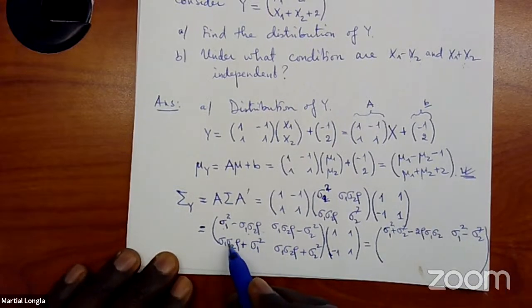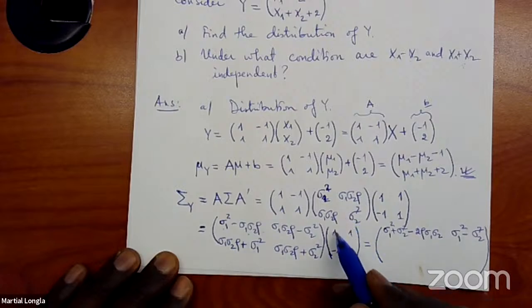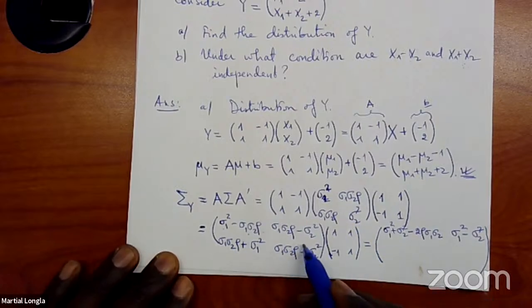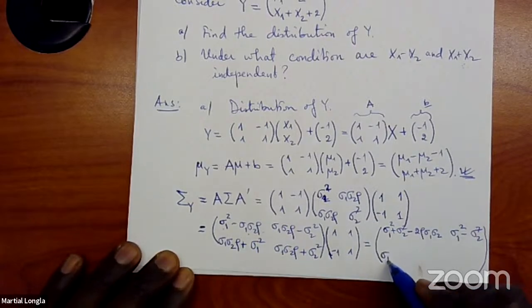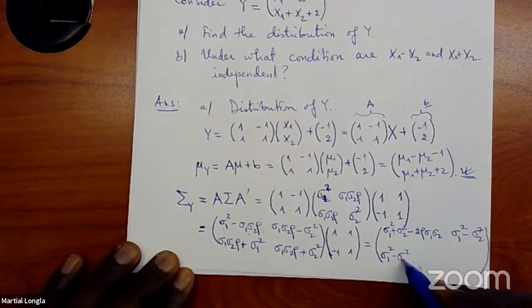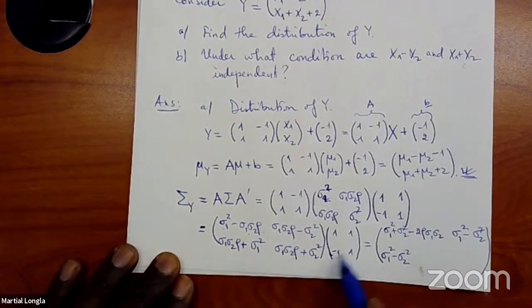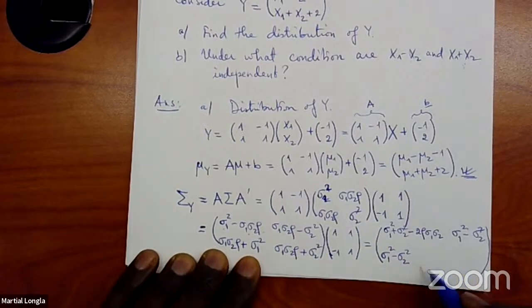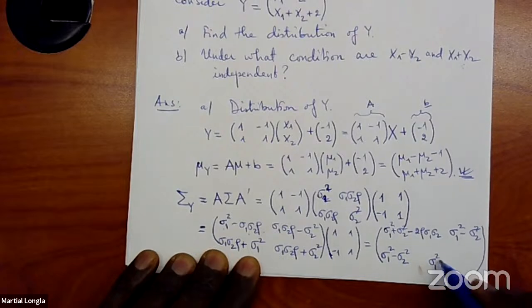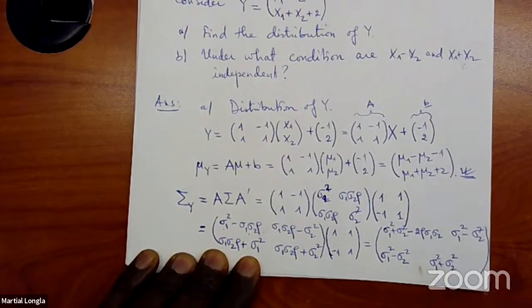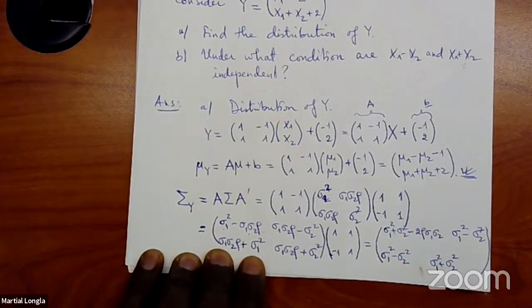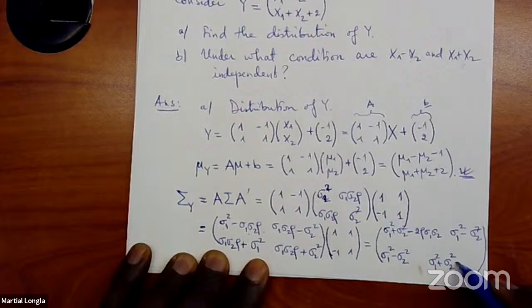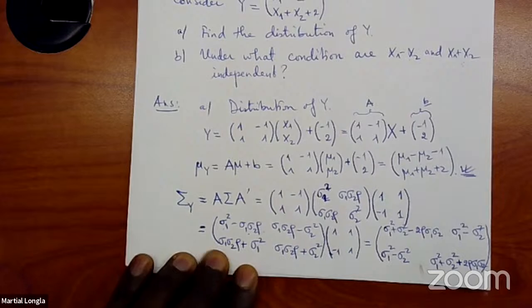Then you multiply this and subtract that one. These guys cancel again, and you have sigma squared 1 minus sigma squared 2. Then you multiply by that one and you add. What you're getting is sigma 1 squared plus sigma 2 squared, and then plus 2 rho sigma 1 sigma 2.